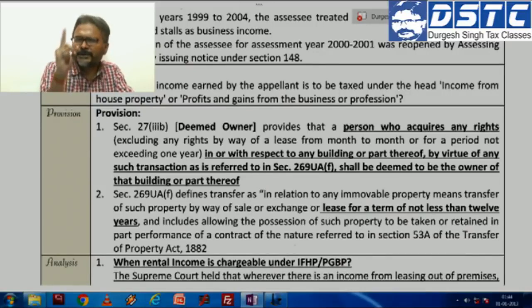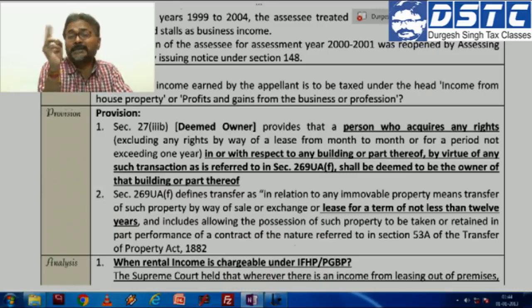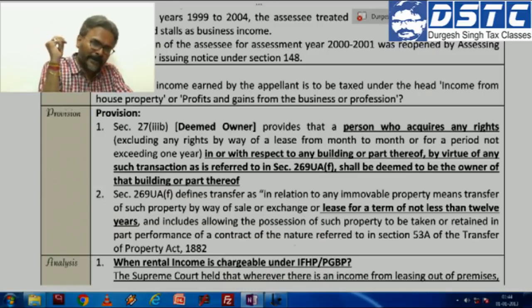And which are those two conditions? One, the ownership condition, and second, that the assessee is not doing any business through that particular house property.